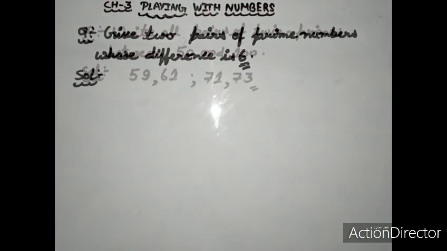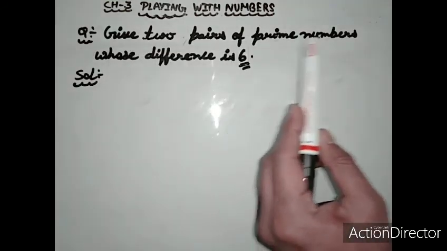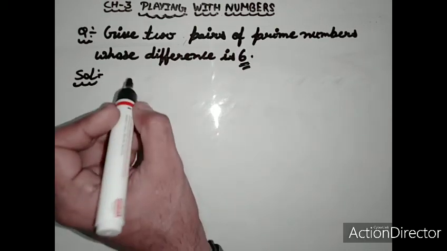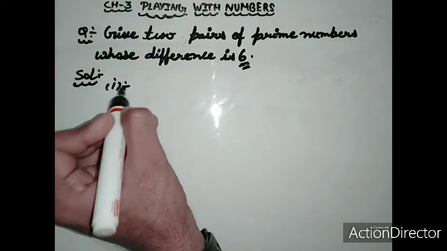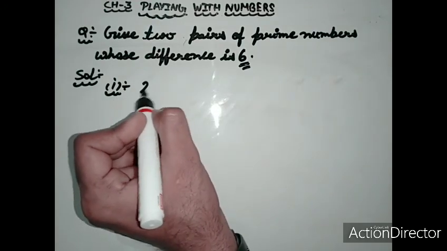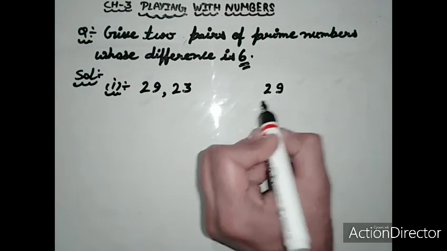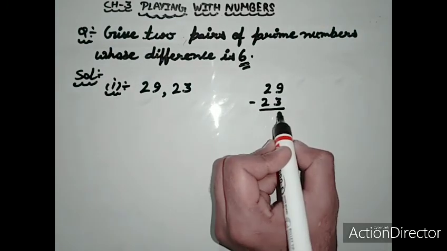Okay. Now the next question is, give two pairs of prime numbers whose difference is 6. Now we again check the composite and prime numbers chart, and here we see 23 and 29. If we subtract 23 from 29, we get difference 6. So the first pair is 29 and 23. When we subtract 29 minus 23, we get difference 6.